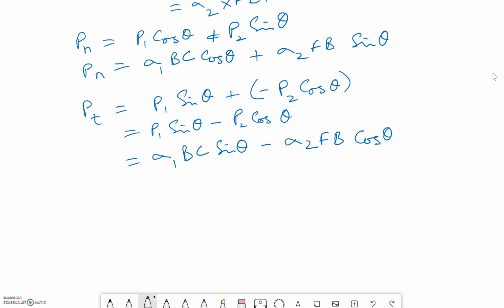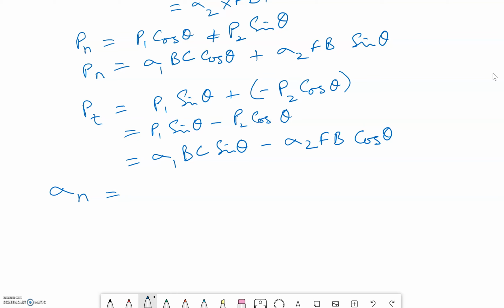Now our fundamental objective is to find out the normal stress and the tangential stress across section FC. So sigma n is our normal stress across section FC. This will be equal to the total force on section FC by area of section FC.